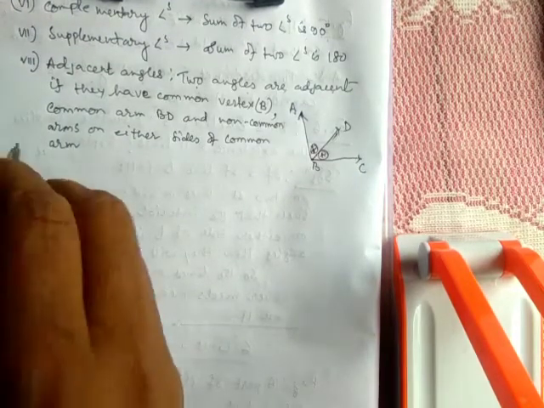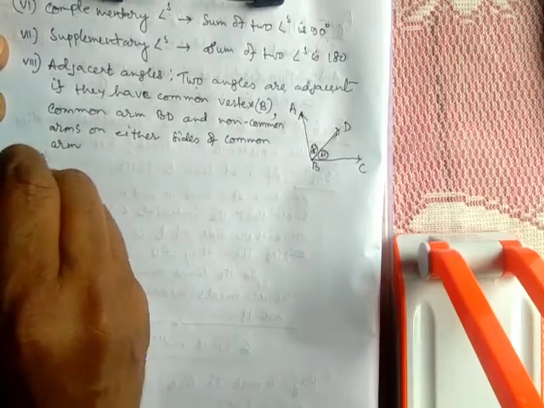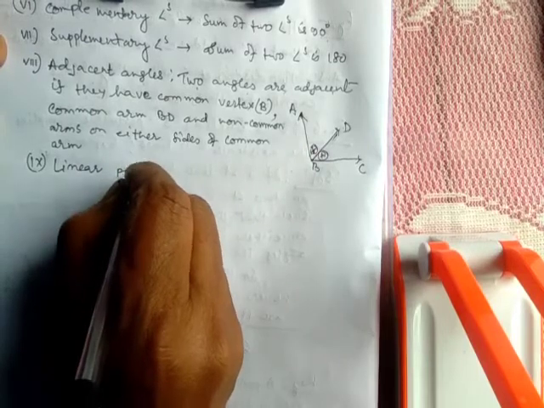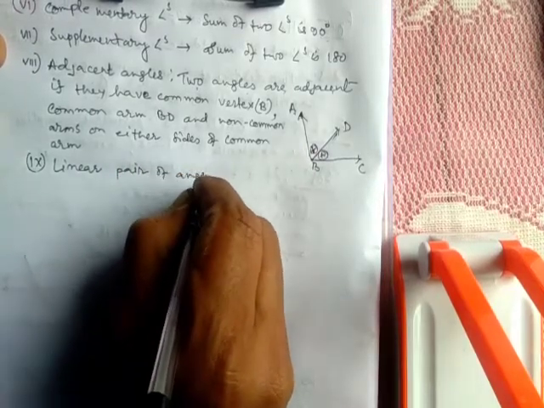Next type of angle is linear pair of angles. What is that?